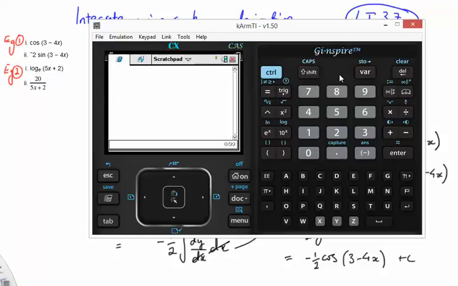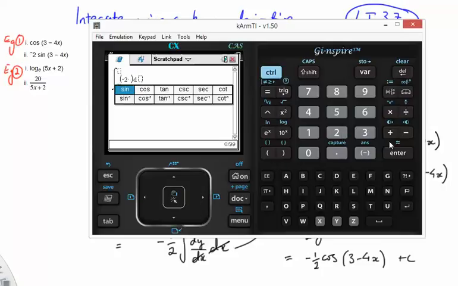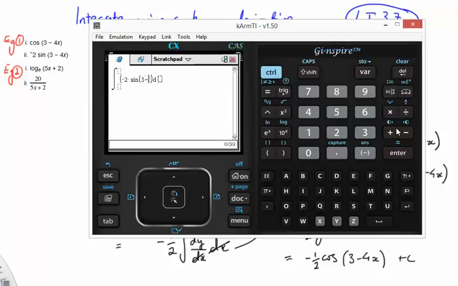Calculate, shift, plus, negative 2 times sin(3 - 4 times x). Close our bracket, dx. Let's see what we get. There we are. We get negative half cos(3 - 4x) plus c.